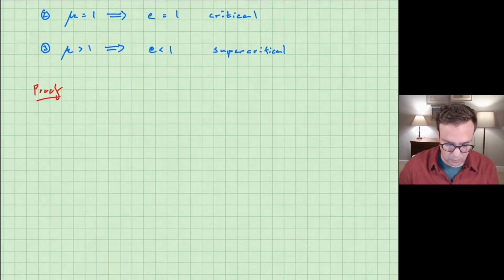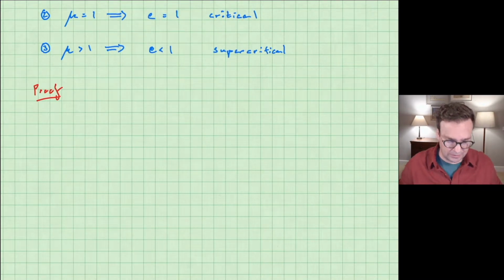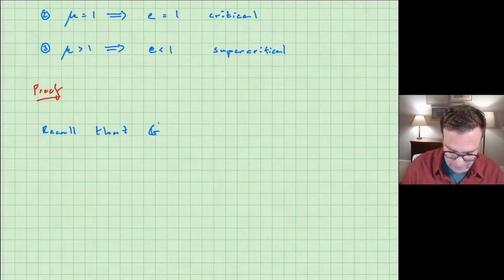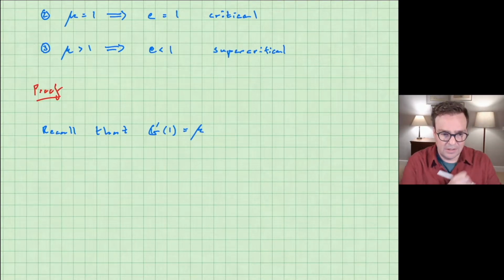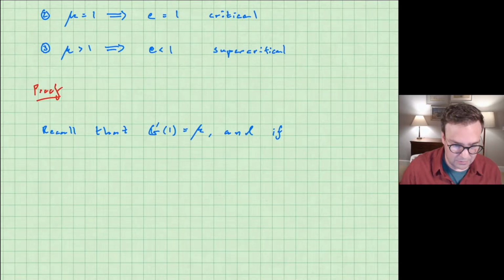Okay, so we're going to start off by just looking at the definition of mu. So recall that the first derivative of g evaluated at 1 is equal to mu. Right, so that's just the definition. And we're going to require the following: that branching is possible.